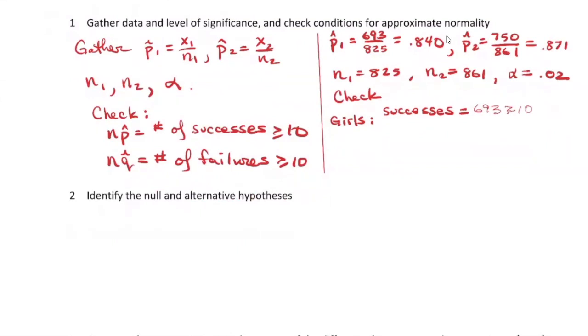Don't like it when it happens like that. 693, greater than or equal to 10. For the girls, the fails, you're going to have to subtract. So there were 825 girls minus the 693 that get to go to school.